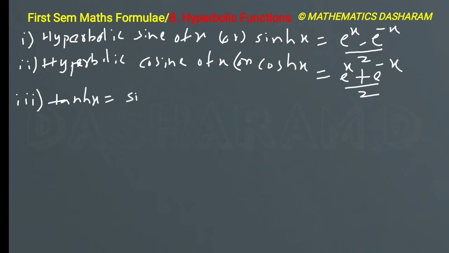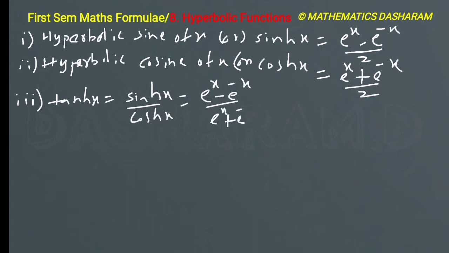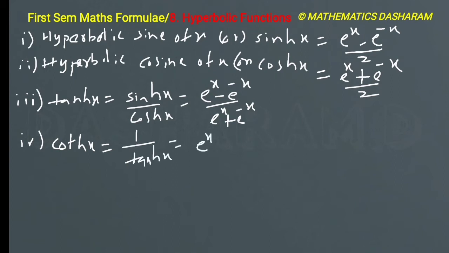That is tanh x. tanh x means sinh x divided by cosh x, so it equals (e power x minus e power minus x) divided by (e power x plus e power minus x). Fourth one is coth x, the reciprocal of tanh x, so (e power x plus e power minus x) divided by (e power x minus e power minus x).